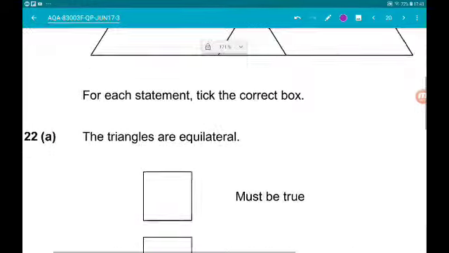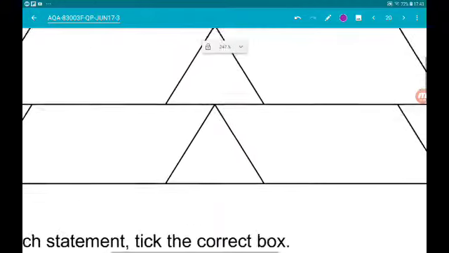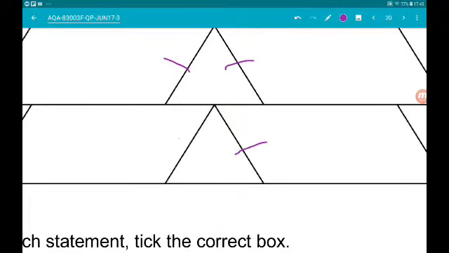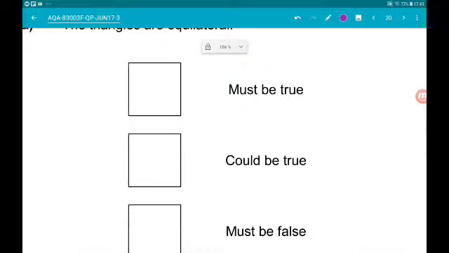Okay, so equilateral triangles have 3 same side lengths. Now we do know that these sides have to be the same because they are the same sides of parallelograms. We don't know though about the bottom length. So for this one, it could be true.